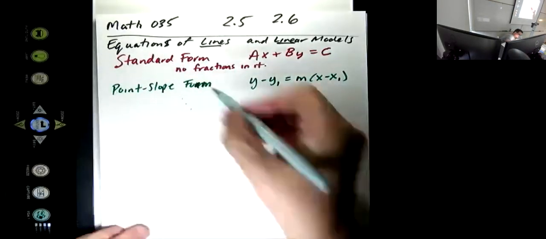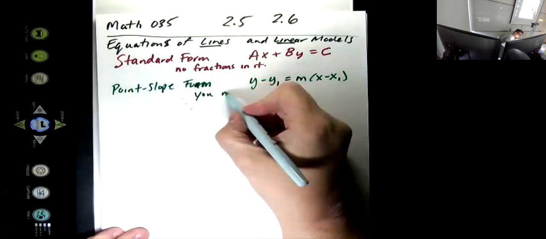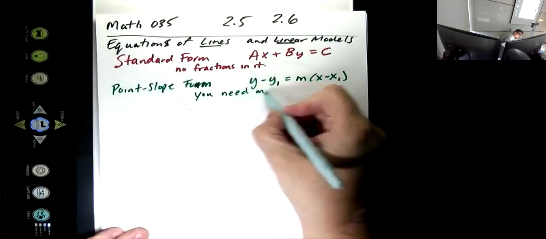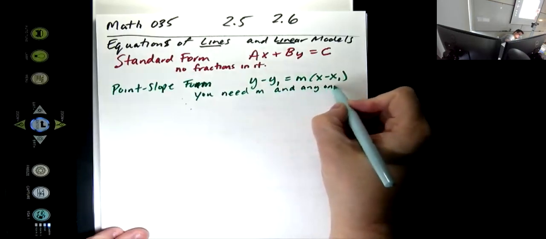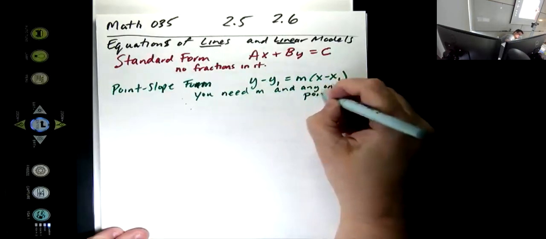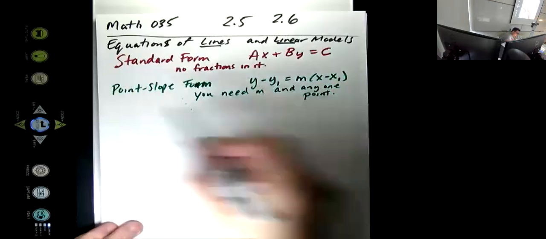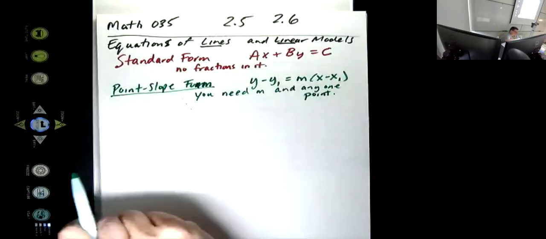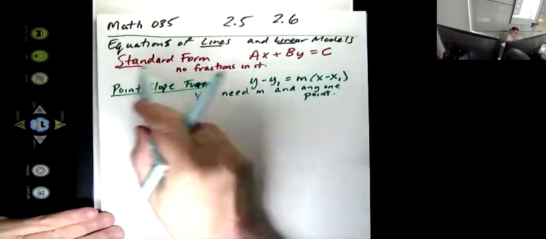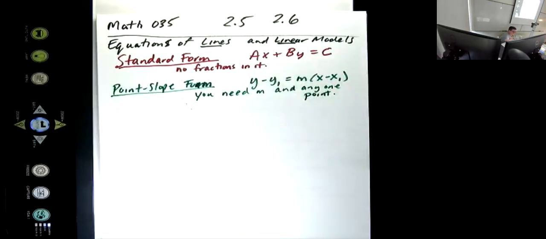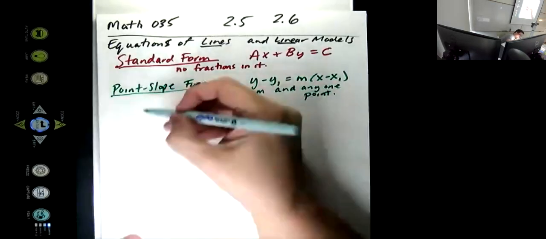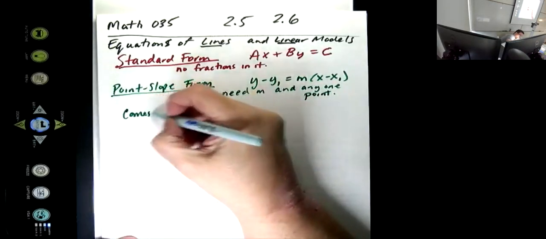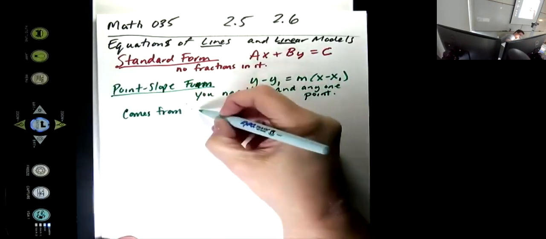For this, you need m and any one point. This equation comes from the equation for the slope.